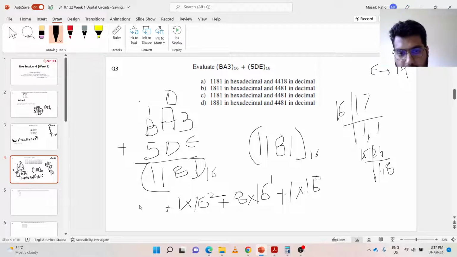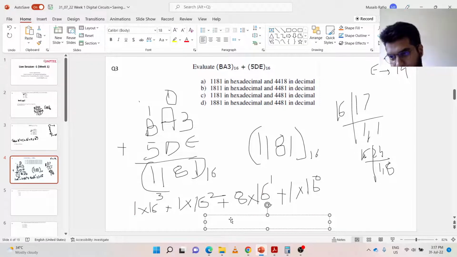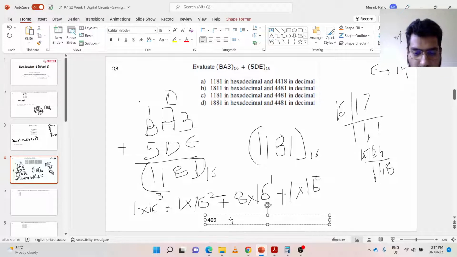And 16 to the power 3 multiplied by 1. So 16 cubed is, I think I have written it somewhere, 4096, plus 16 squared is 256. 16 multiplied by 8 is 128, and this is 1.